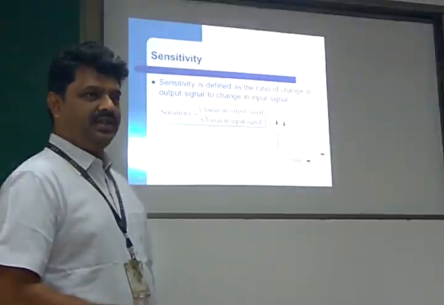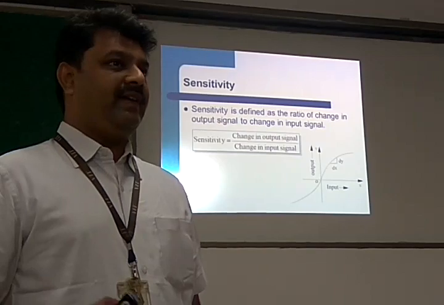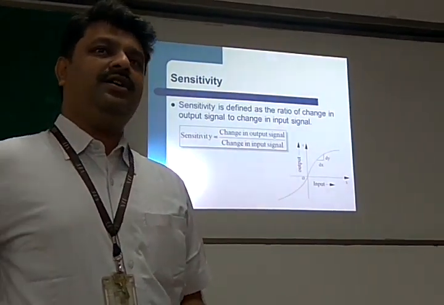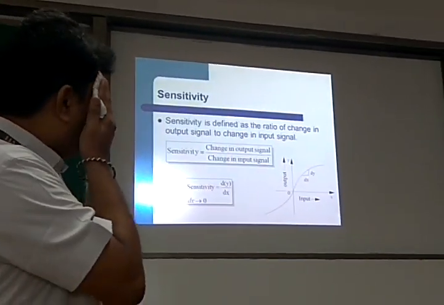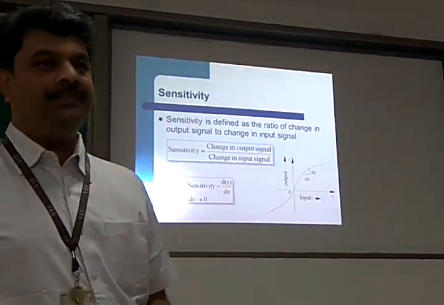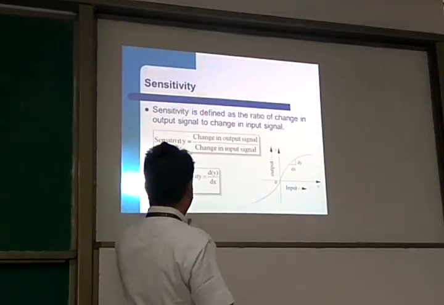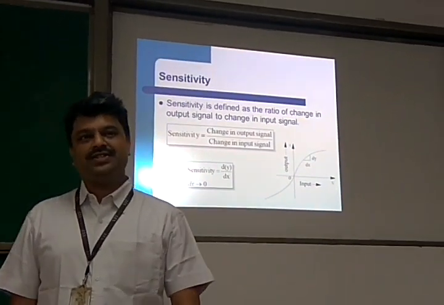When it is a curve, the relationship between input and output is not linear. When it is non-linear, then you use the additional term: incremental change in output signal divided by incremental change in input signal when delta x tends to 0. Why do we say delta x tends to 0?